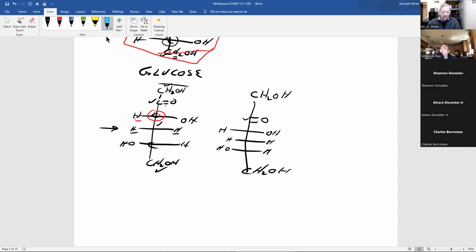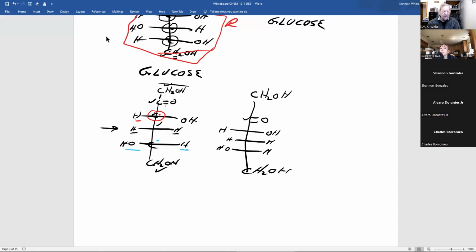Let's look at this carbon. Hydrogen, hydroxyl group. The CH2OH, let's call that R. And the rest of this right here, I'll call R prime.